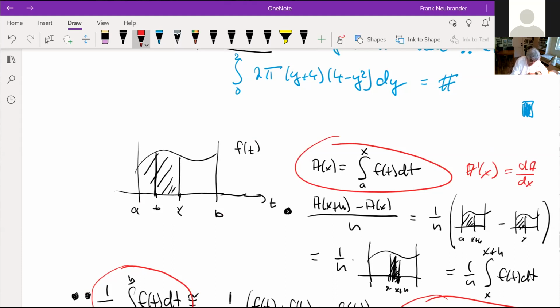Now if I change x a little bit, then the area changes by this red area. And the red area is about the same as the height at x, which is f of x, times dx, over dx. This cancels out, so this has to be f of x.